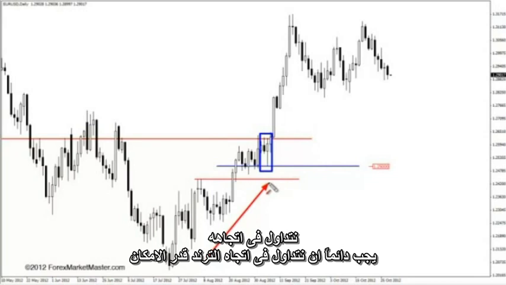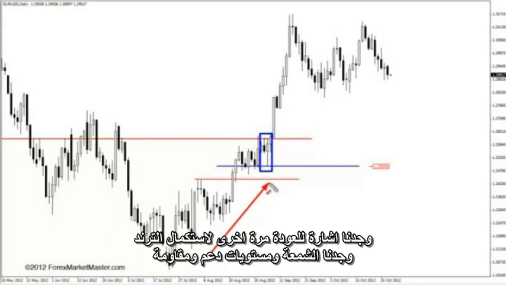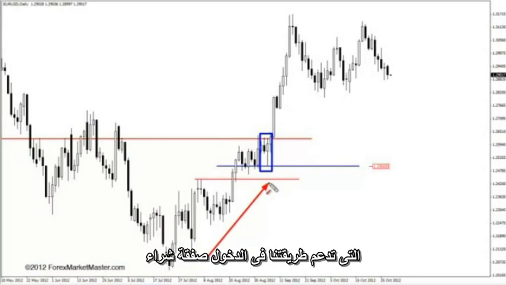So we always want to trade with the trend if possible. We found a pullback into it. We found a candle. We have support and resistance levels that support our idea of getting into a long trade, and it certainly did work out very, very well in this instance.